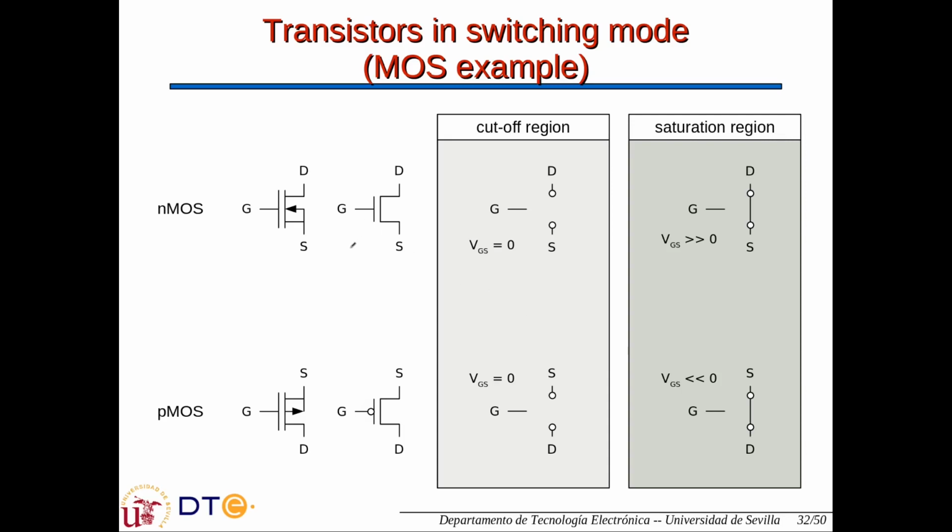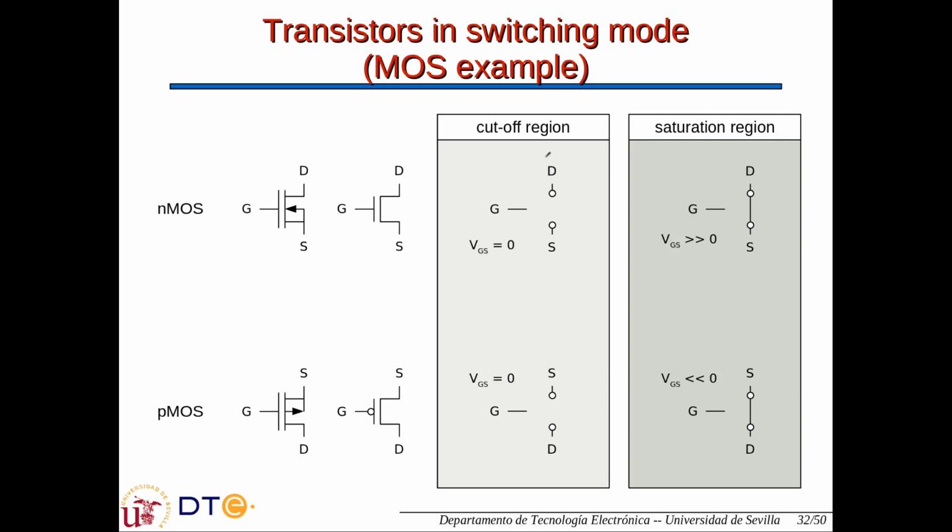And we use transistors in a specific way. Basically, for example, if we use field effect transistors, like the metal oxide semiconductor transistors, which are the most common transistors used in today's electronics, we just use transistors in two modes. We use transistors as if they were switches controlled by an electrical signal.